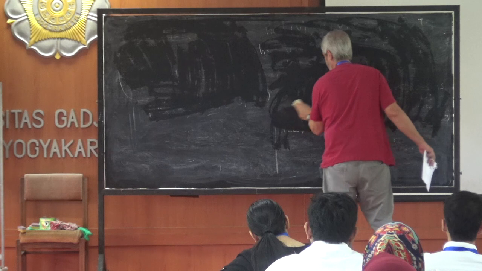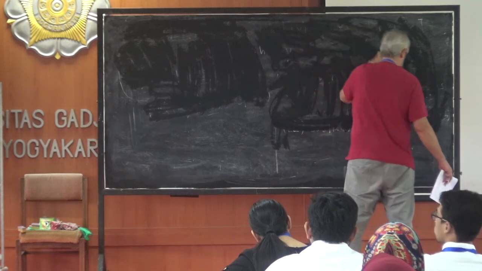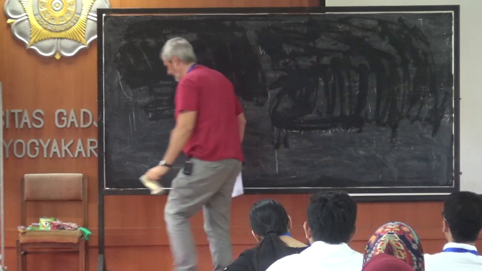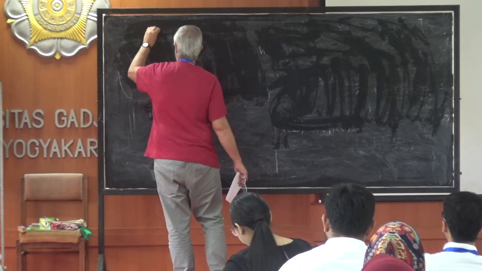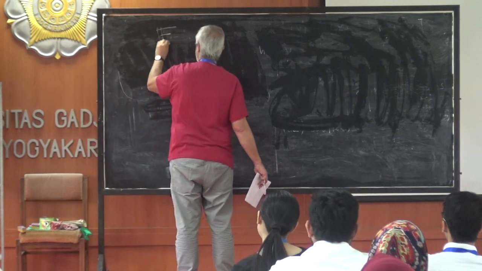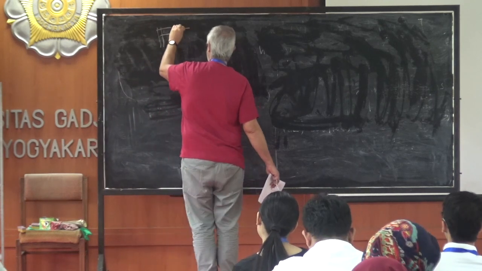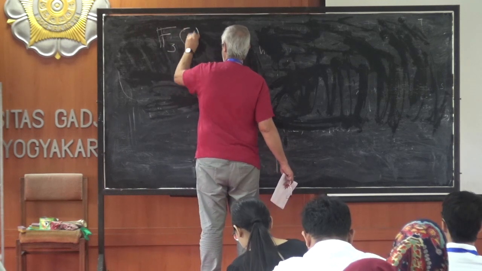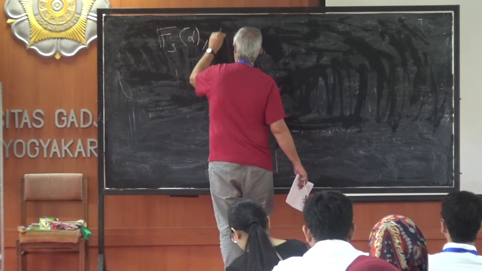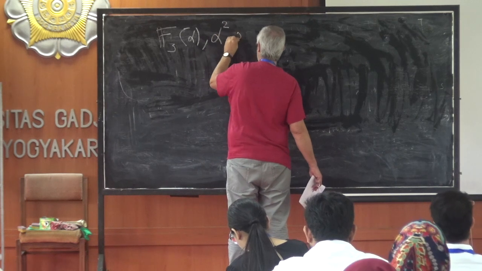There were 3 or 4, I guess, but I would like to concentrate on the following 2. So if we take the field with 3 elements, and then we add alpha, and the stem is alpha squared equal to 2.